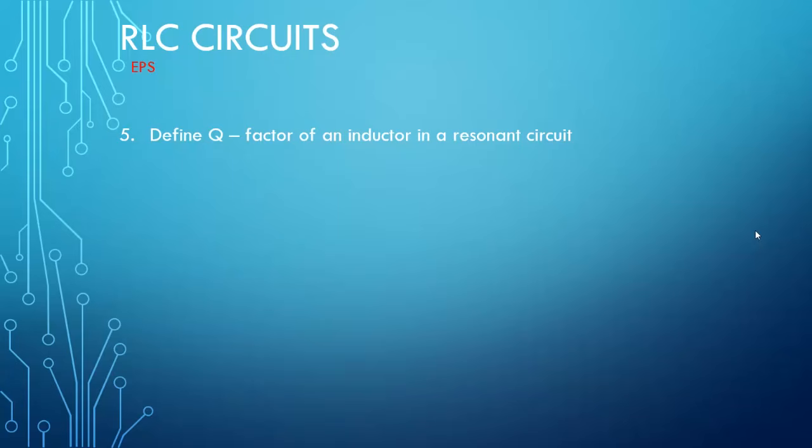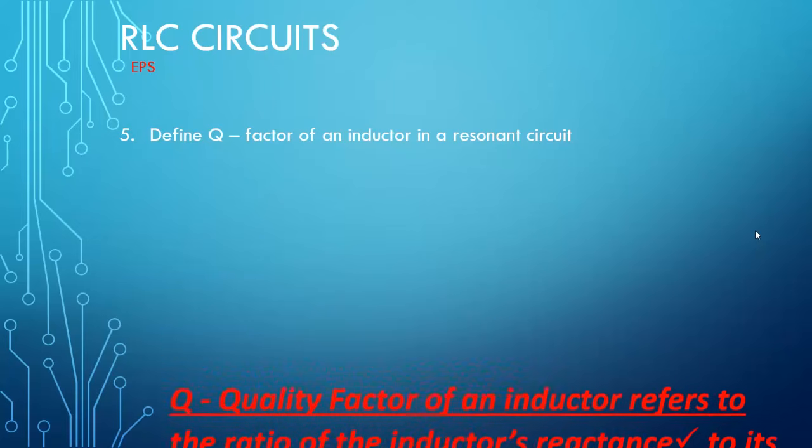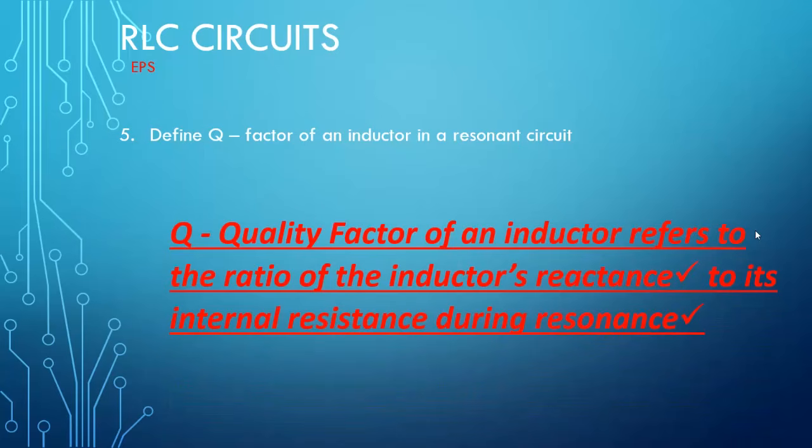Define Q factor of an inductor in a resonance circuit. Q stands for quality factor of an inductor, which refers to the ratio of the inductor's reactance to its internal resistance during resonance.